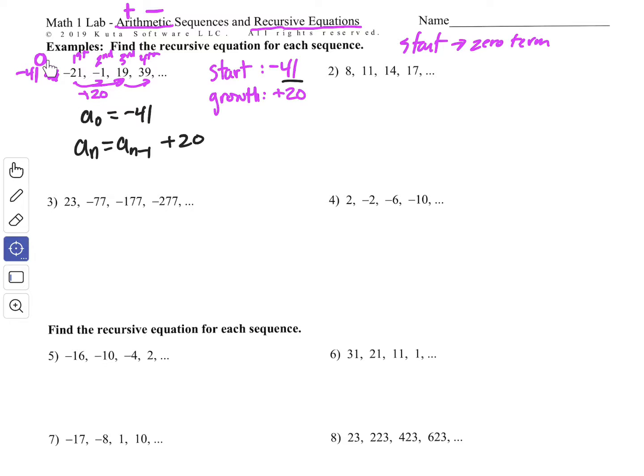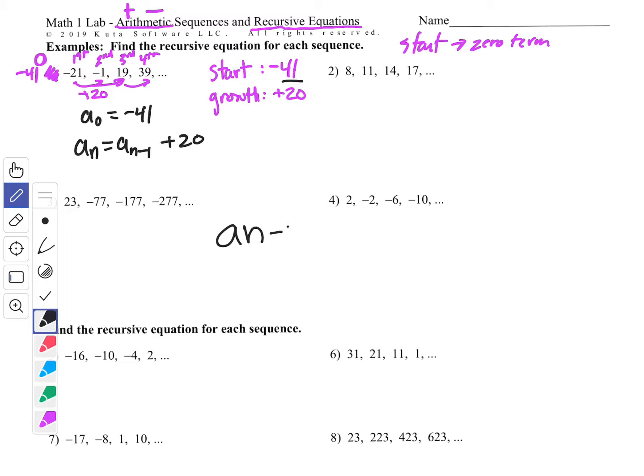That 0 right here represents that it's the zero term, which is why we put negative 41 there. The a sub n represents the next term, the a sub n minus 1, the previous term, and we add 20. Now, the n, the 0, and the n minus 1, these are subscripts, okay?